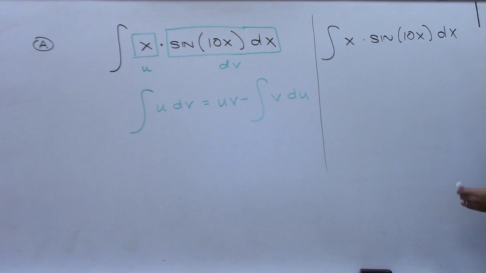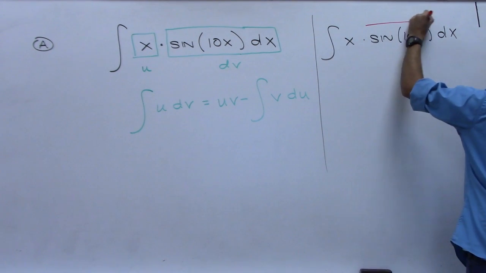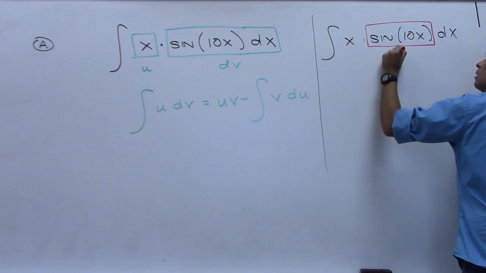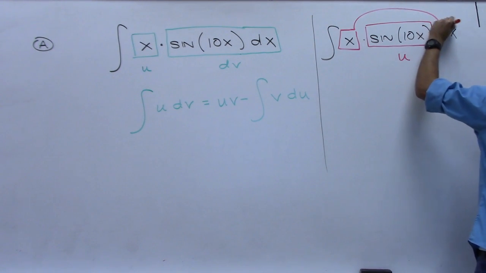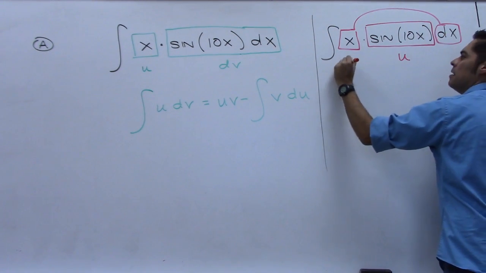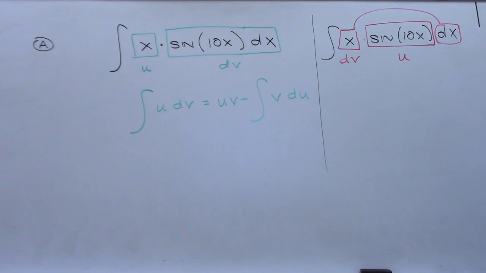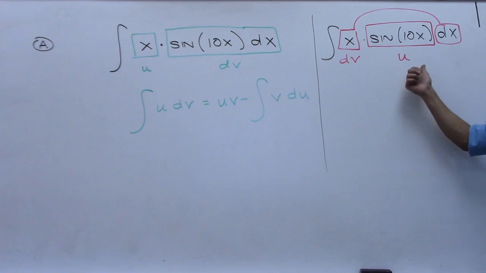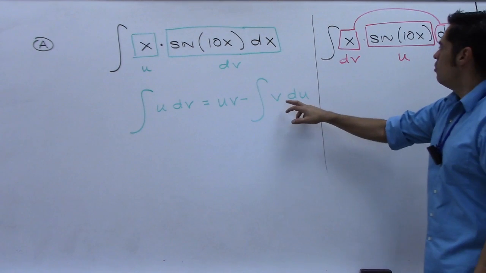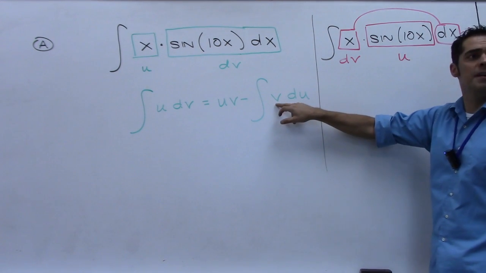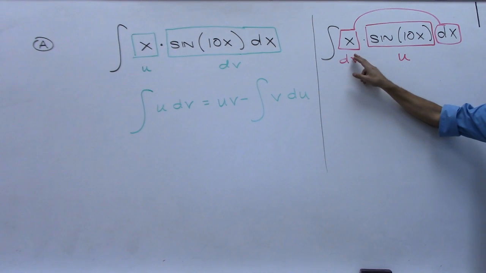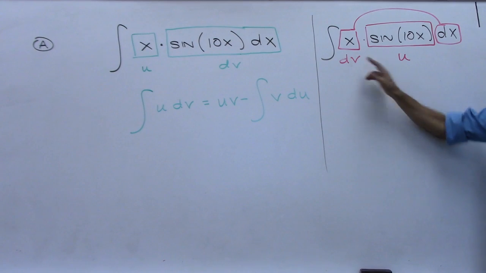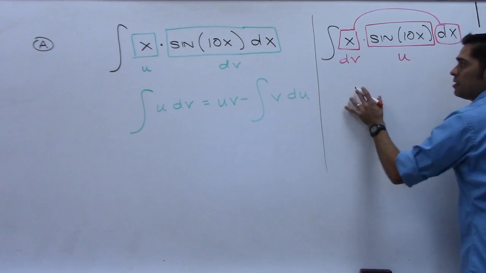I would do something like this. I would choose this to be the u, and this, along with the dx, to be the dv. Understand? Let's talk about what this would be in the new integral. In the new integral, I would need to have v, which would be the antiderivative of this, right? What's the antiderivative of that going to be? 1/2 x squared. So in this new integral, I think I'll actually write down this integral right here.